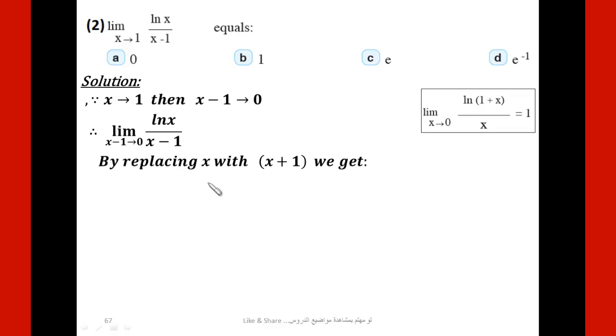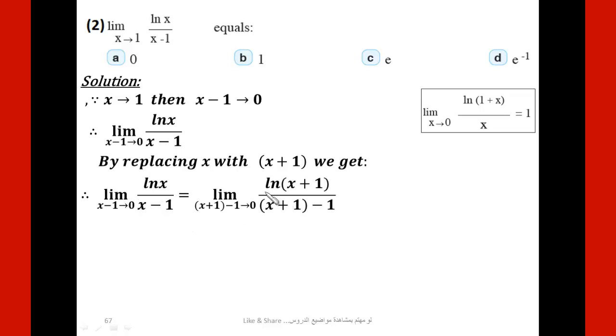And by replacing x with x plus 1, we get limit ln x plus 1 over x, and we complete.